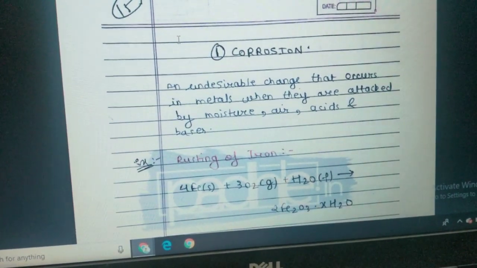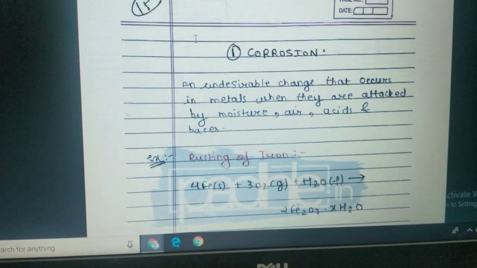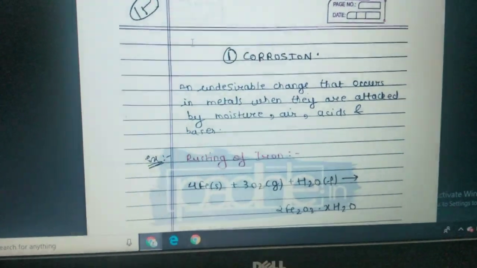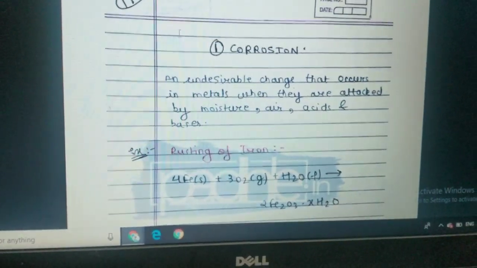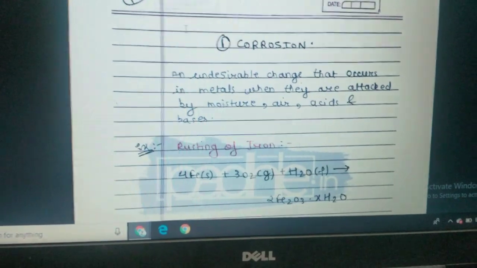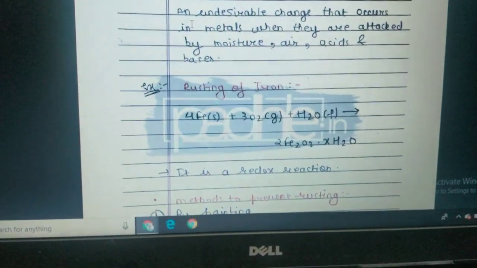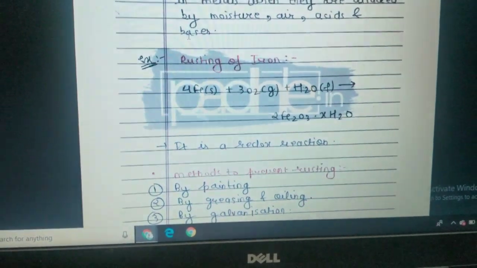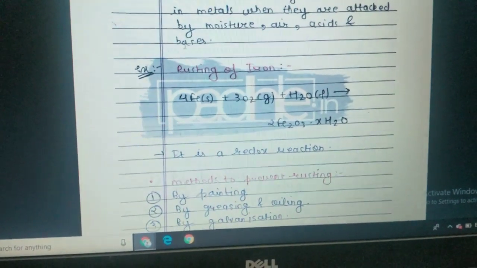Corrosion is an undesirable change that occurs in metals when they are attacked by moisture, air, acids and bases. For example, we can take a live example of rusting of iron. It is a redox reaction.